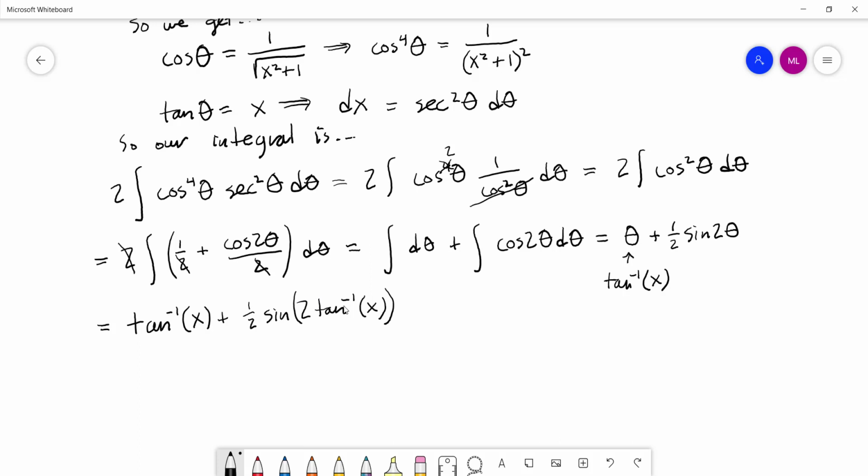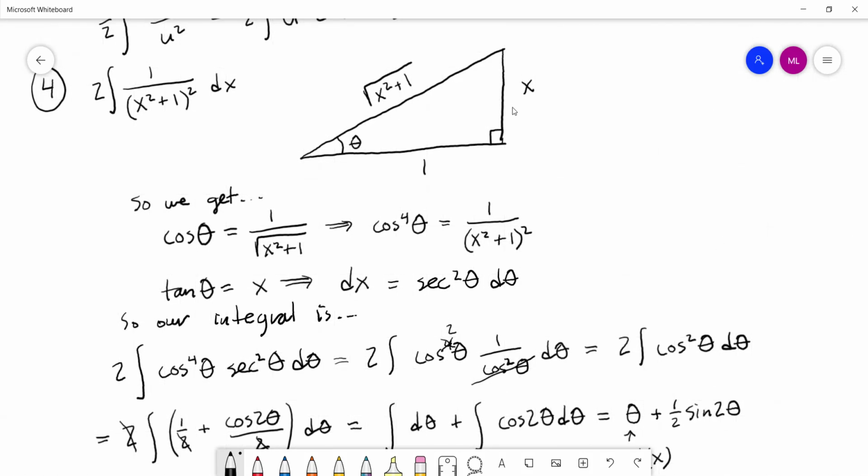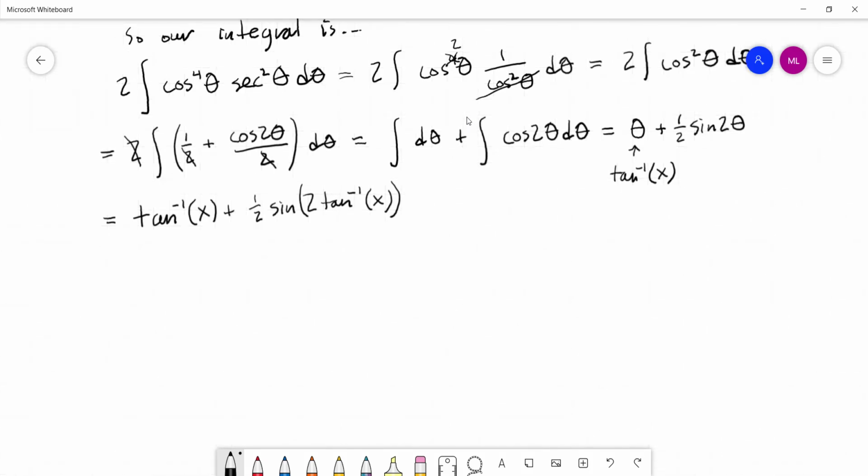It's possible to simplify this. You can use the double angle formula and write sine of 2 theta as, I want to say, 2 sine theta cosine theta. And you could go up here and find what sine of theta and cosine theta are and multiply them together and get some simplification. And in fact, we can do that.